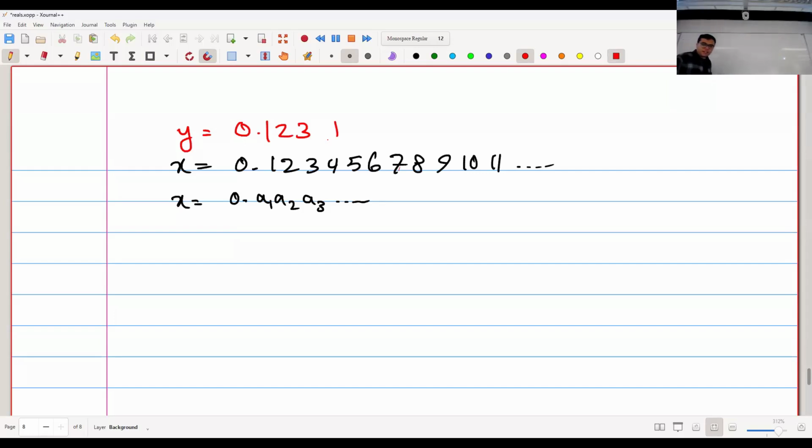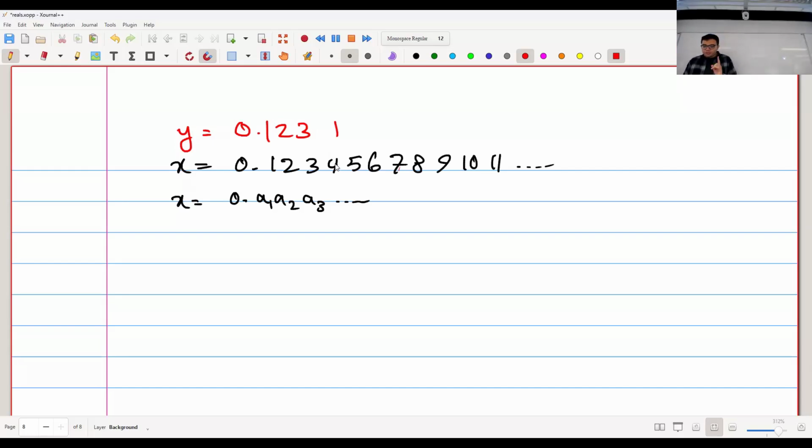Because I know that any rational number gives me either a finite representation or a repeating representation. And in both cases, I can do this comparison. I can find the first digit that is different, and then I can define which one is smaller and which one is bigger. Okay, so this x is actually giving me a cut in the rational numbers because I can just define the set of all the rational numbers that are smaller than this particular x, right? So this x represents a real number.